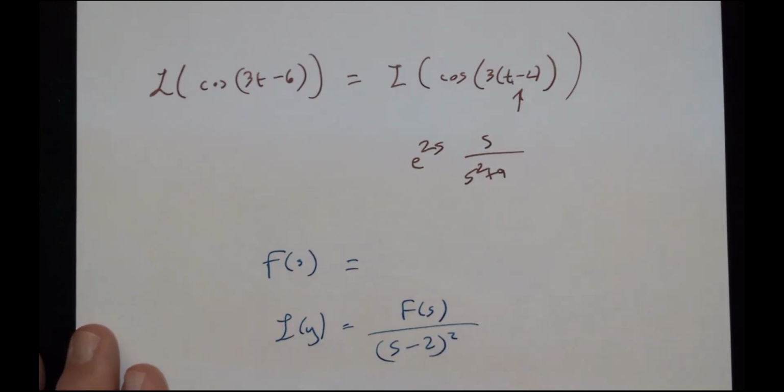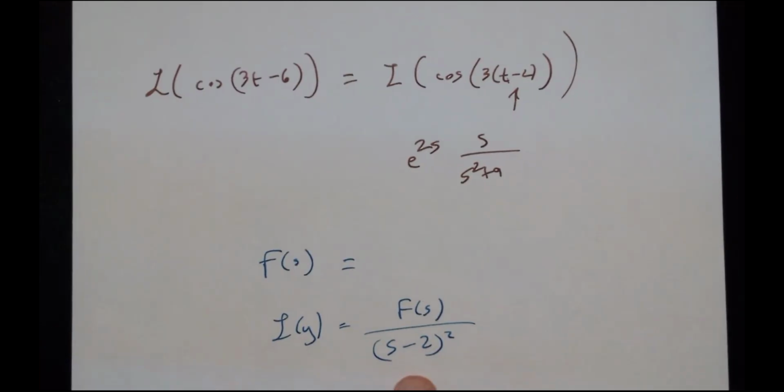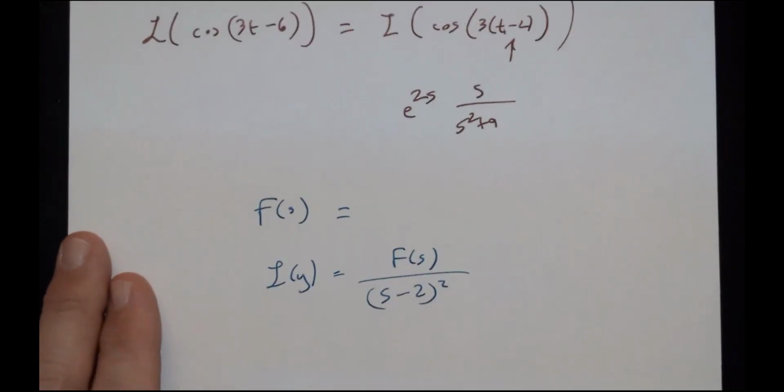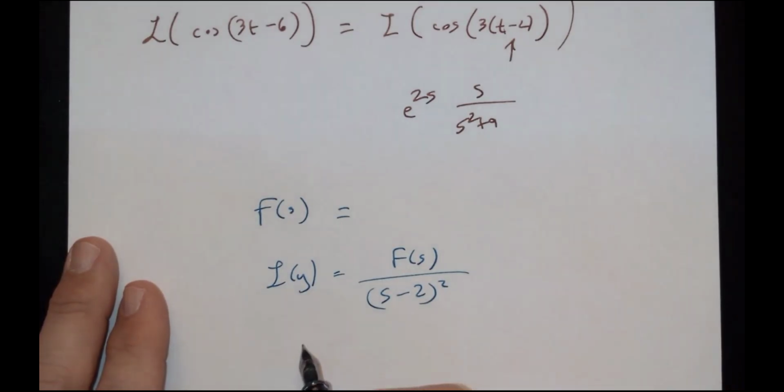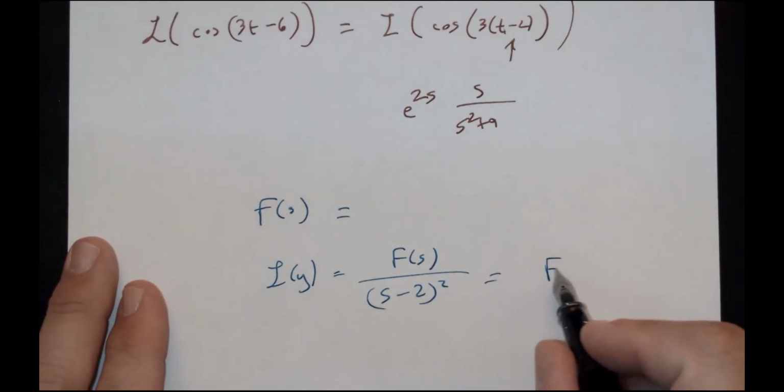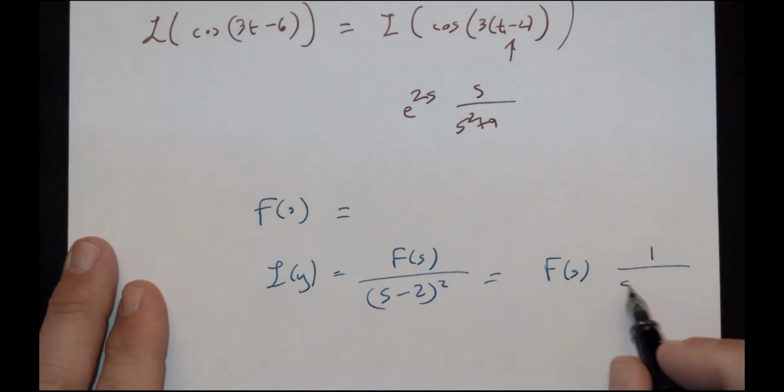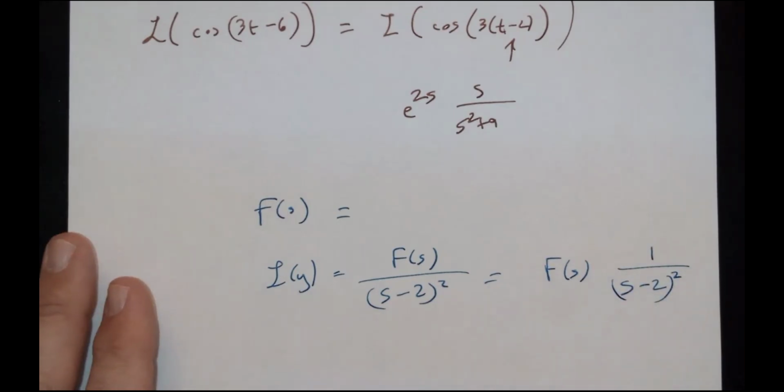Yeah. Okay. So my question is, what do I do with this? Do you make it into an integral? There'll be a convolution here, right? Right. But if I think of doing the inverse transform, I can think of this as F of s and then 1 over s minus 2 quantity squared, right?